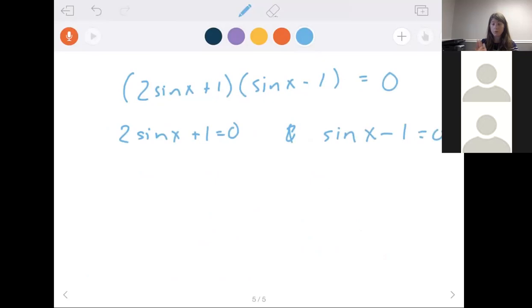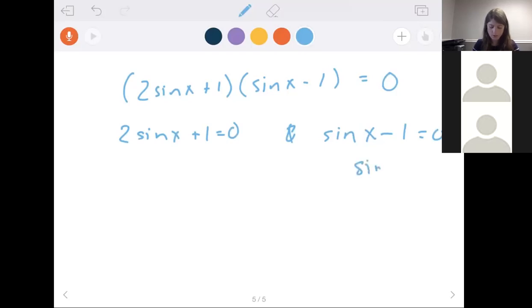Keep in mind, both of these separate equations could have one solution, multiple solutions. And if we're looking at the directions, they're going to tell us in some of the ones, find all the solutions in this particular example between 0 and 2 pi. But then you could also extend this to find the general solutions by adding that plus 2 pi in and doing that. So let's start with the one on the right.